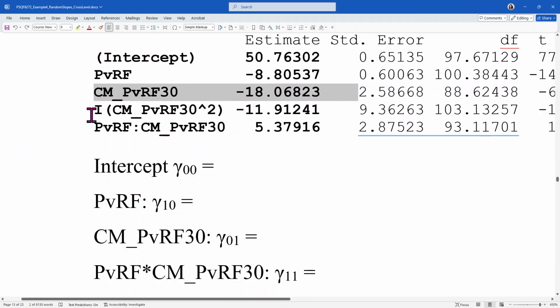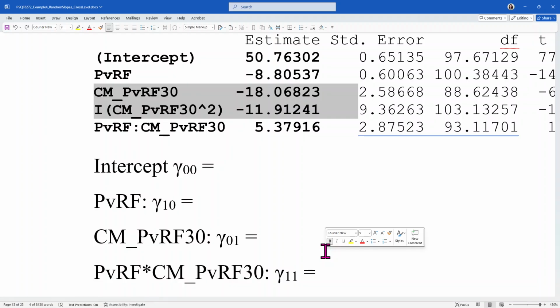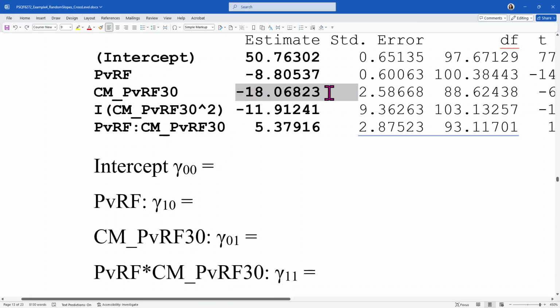This obeys the same rules in terms of it being a simple slope that is conditional on any moderating predictors being 0. So this is the effect of cluster mean lunch specifically at the 0.3 point on this curve. The slope of the line that is tangent to the curve at 0.3. That's what negative 18 is.